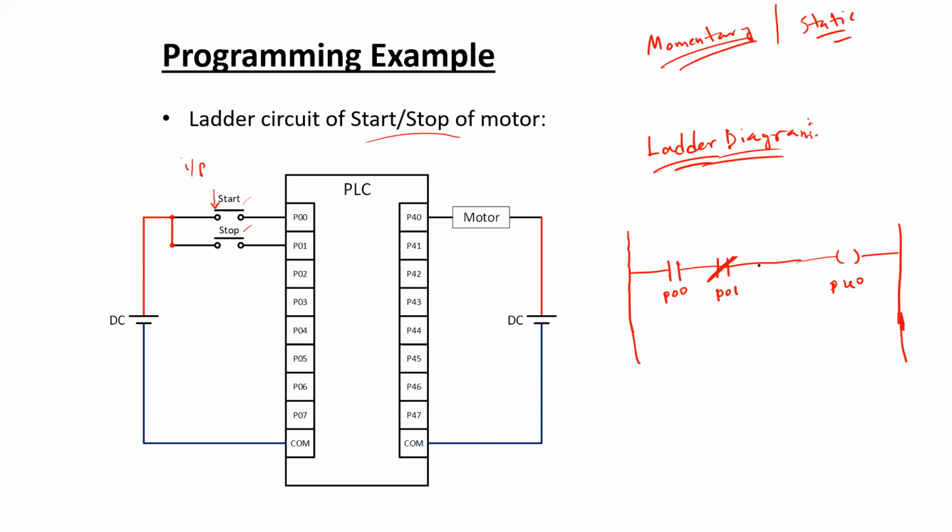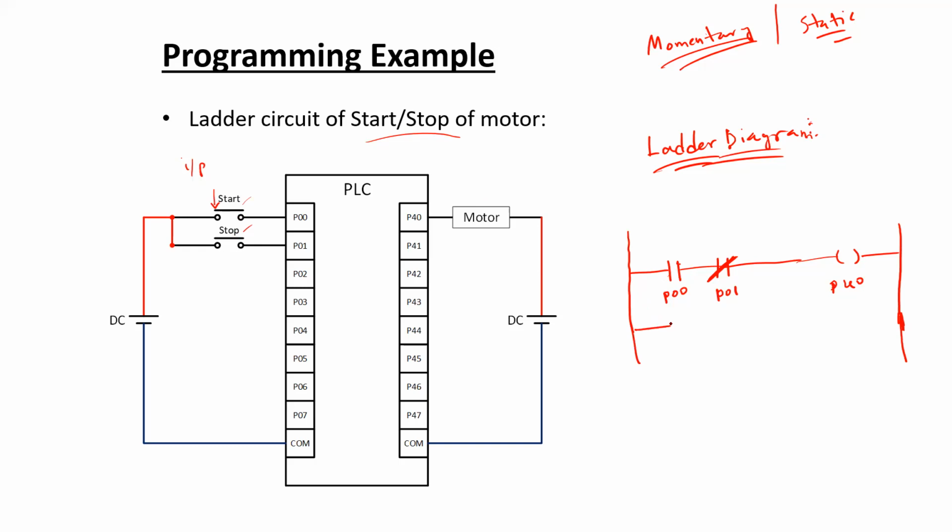So for the momentary switches being used at the input side, for example for this motor, if you want to keep it running with a momentary switch, you cannot press it forever, right? You need to make some changes so that when you release the switch, the motor still gets the necessary signal.